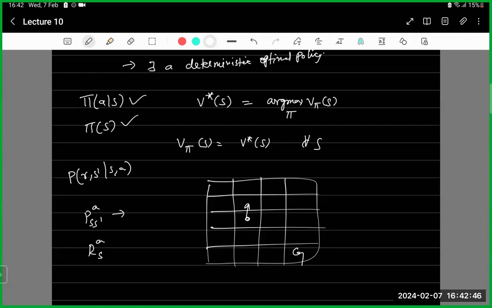States I defined, actions I defined, the transition probabilities. Then what else should I define? Rewards. So what reward will encourage me to go to the goal in the shortest path? If I'm in this state, for taking an up action, how much reward should I give? For taking a down action, how much reward should I give?